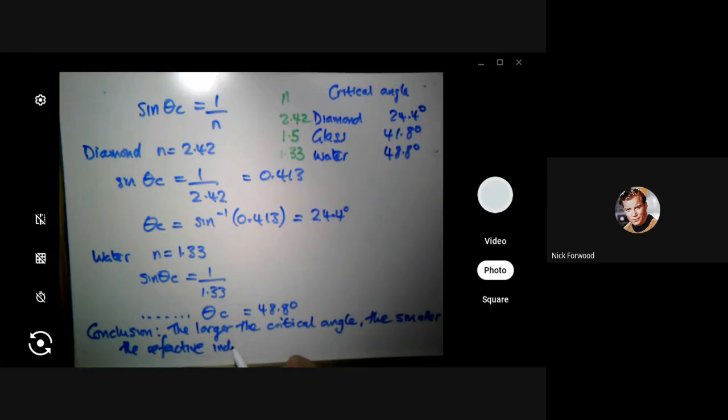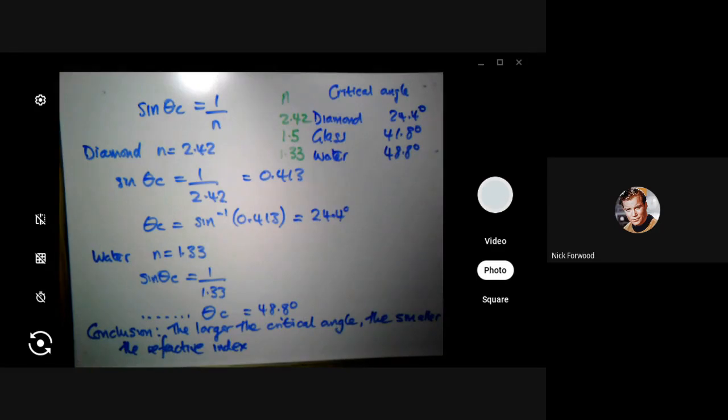You could say this the other way round. Okay, the larger the critical angle, the smaller the refractive index. You can have it round the other way if you want.